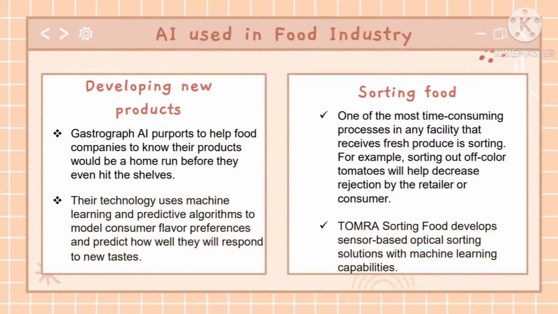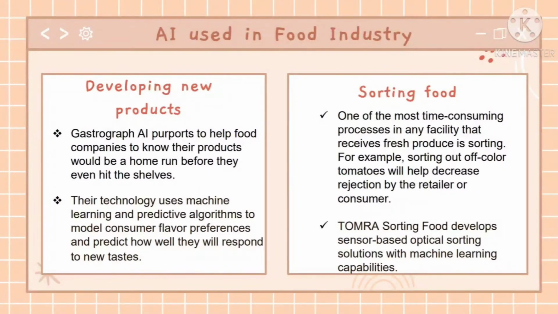Here are some examples of AI used in the food industry. First is for developing new products. Castlecraft AI purports to help food companies know their products will be a home run before they even hit the shelf. Their technologies use machine learning and predictive algorithms to model consumer flavor preference and predict how well they will respond to new tastes.